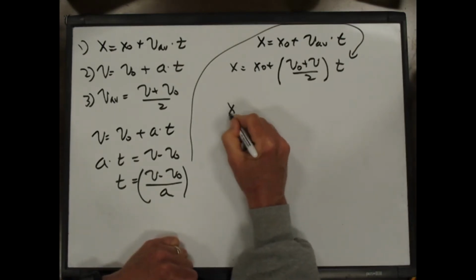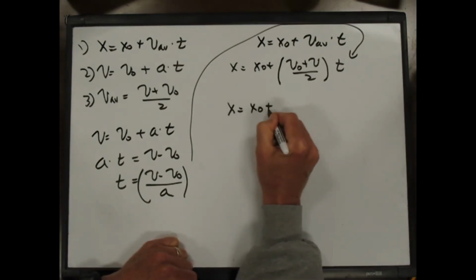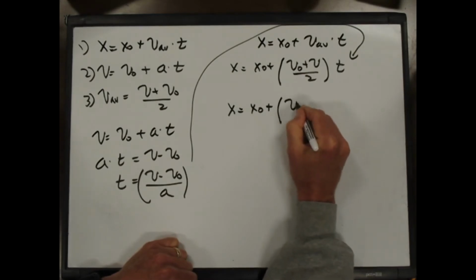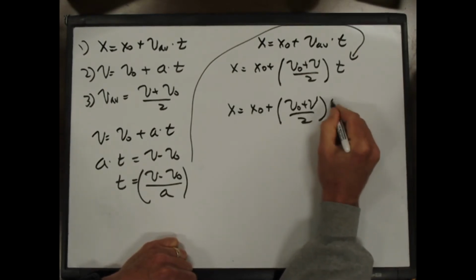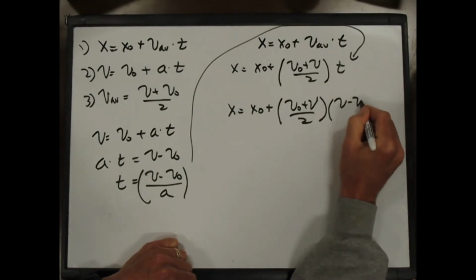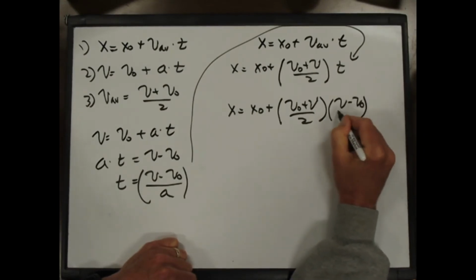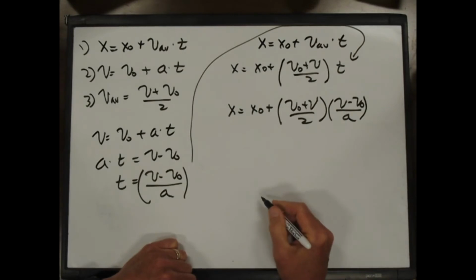And so this becomes x equals x naught plus v naught plus v divided by 2 times v minus v naught over the acceleration.